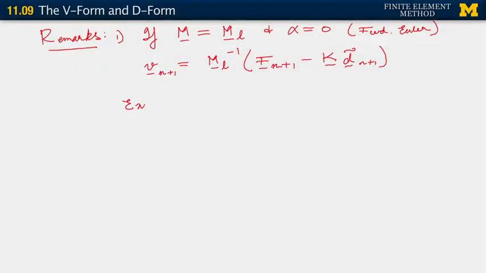So as a result, we don't really solve equations here, right? We don't have to solve a linear system of equations by somehow effectively generating that inverse. Okay, so this is what we call an explicit method.